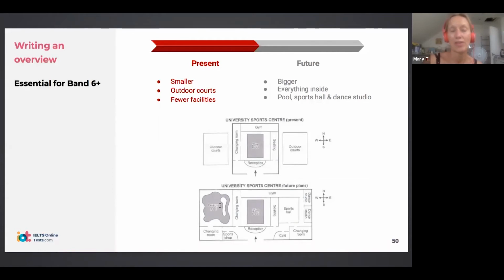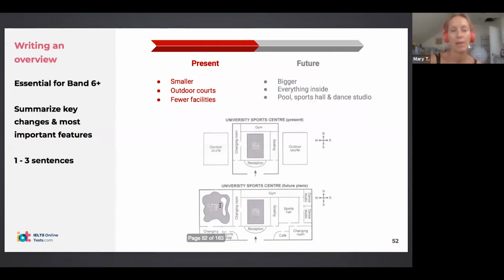In order to achieve a band 6 or more, so I think probably most of you are aiming for that, you have to include an overview, so this is quite important. In the overview, you have to summarize the key changes and the most important features in 1 to 3 sentences.